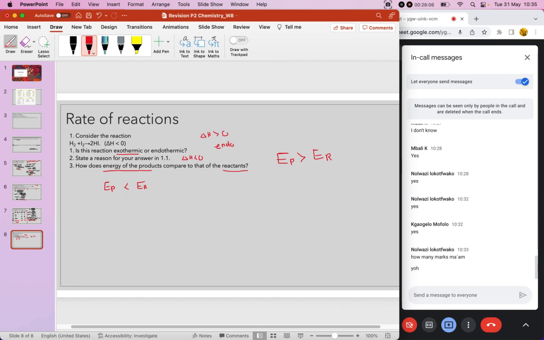When it's exothermic, the energy of the product is less than the energy of the reactant.